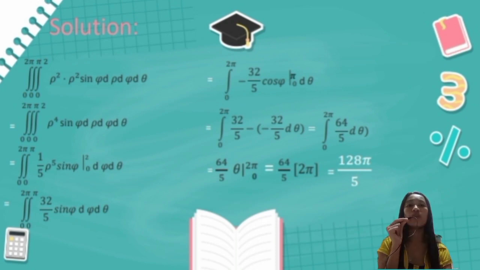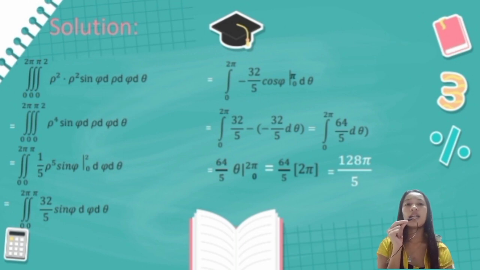Well, x squared plus y squared plus z squared is equal to rho squared. Then, because we are converting to spherical coordinates, we have extra factors of rho squared and sine phi. Let's go ahead and keep the order of d rho d phi d theta.